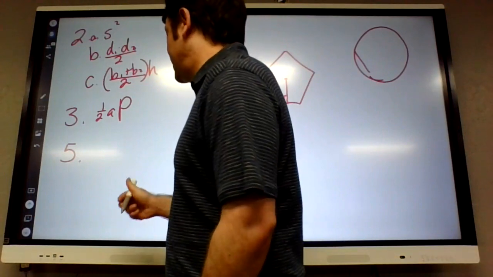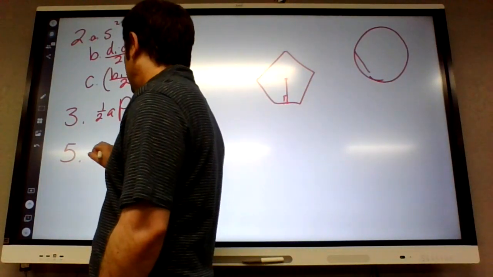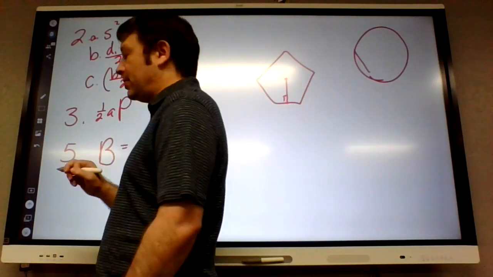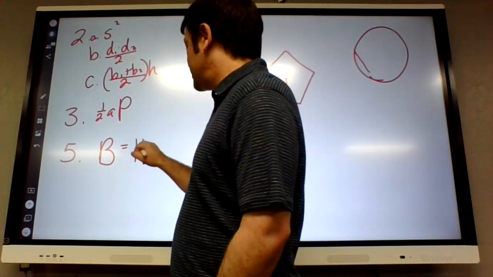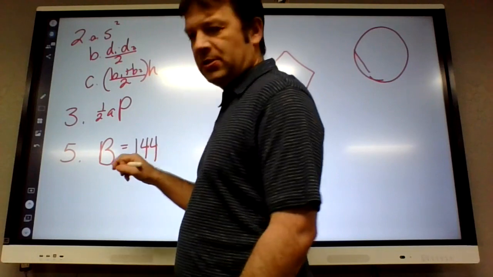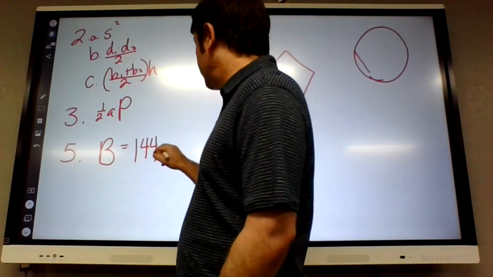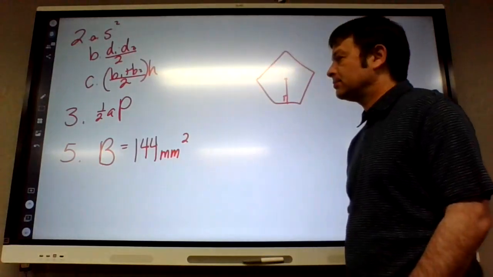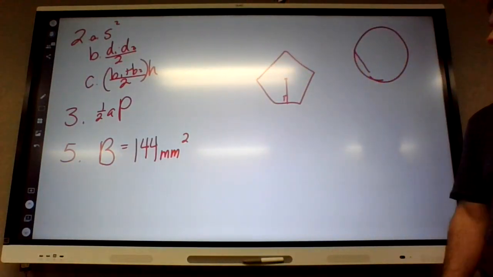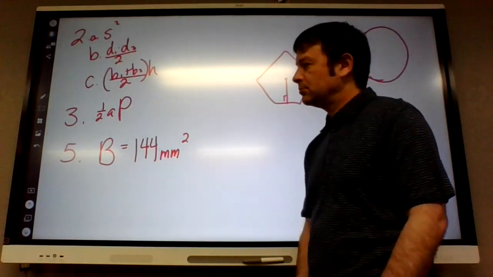So the first question is find the area of the base. If the base is a square, how would we find that area? 12 times 12. So the base area is 144 millimeters squared. Nice.